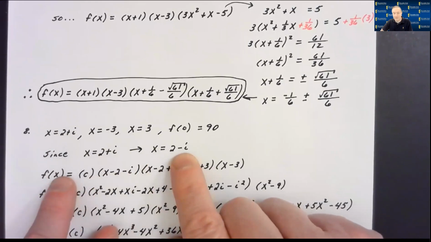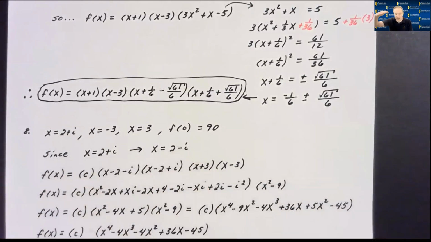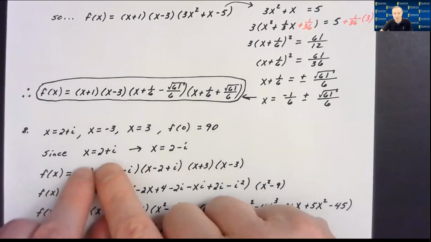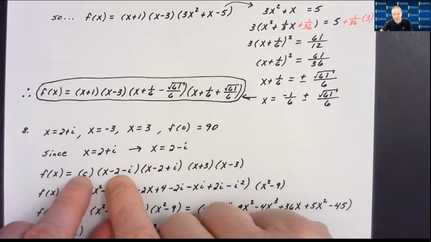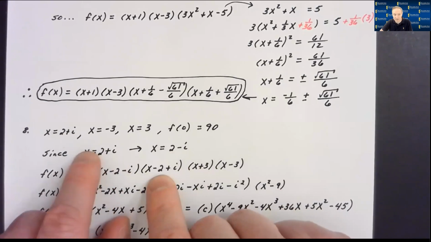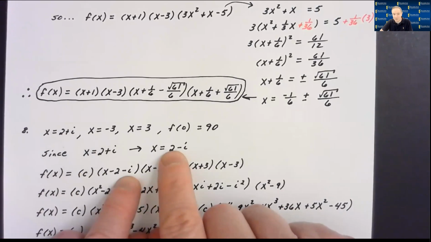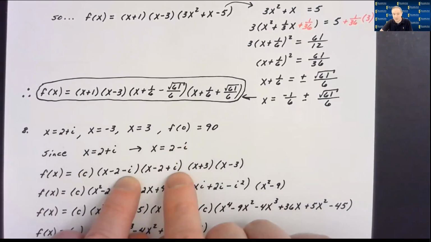Now, so f of x is equal to some constant c that doesn't impact the x-intercepts at all. It's just going to impact the possible y values. So some constant c times these are my 2 complex factors. This one, if you bring the 2 and the i over, it's going to be x minus 2 minus i. This one is going to become x minus 2 plus i.